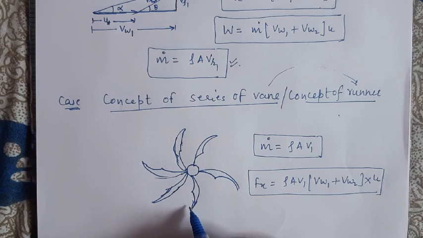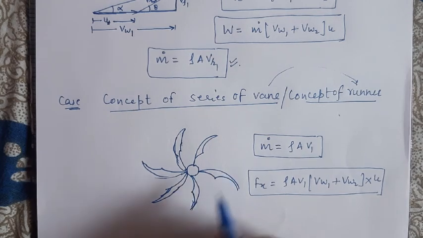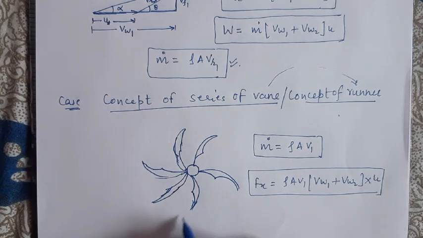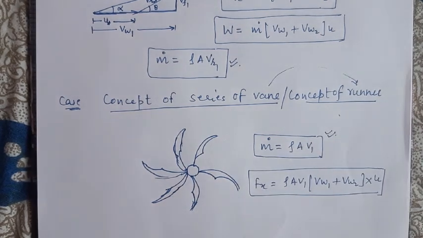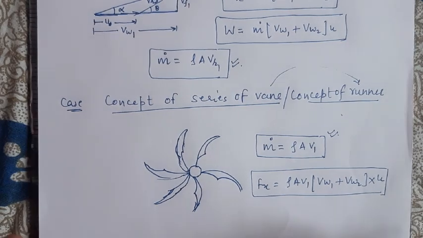When the jet strikes one vane, it goes and another vane comes in front of the jet. Therefore, whatever the discharge is issuing out of the nozzle will be utilized by the vanes. I think it is very much clear to you.